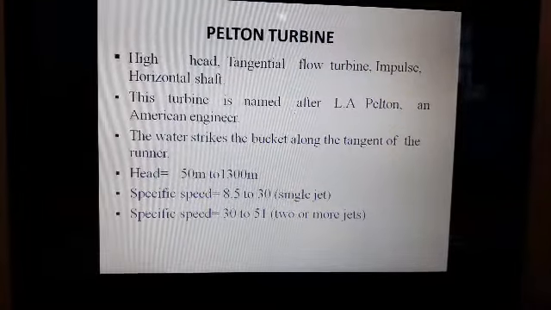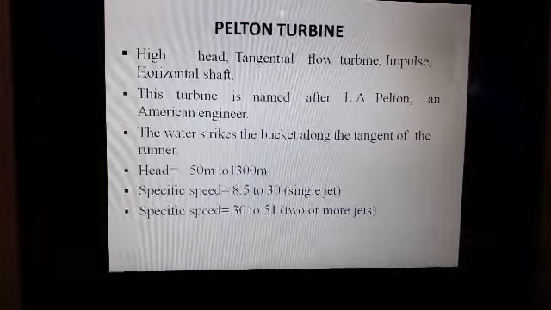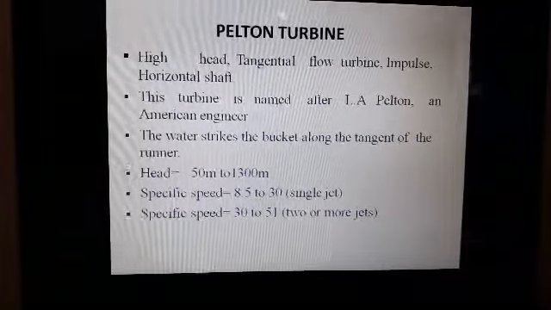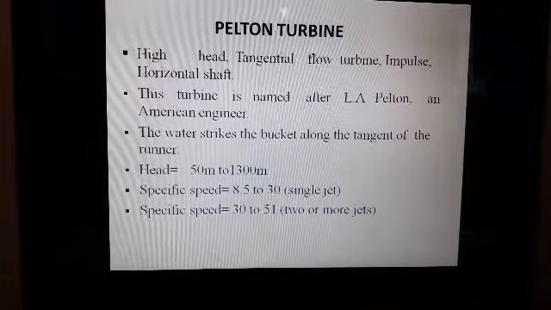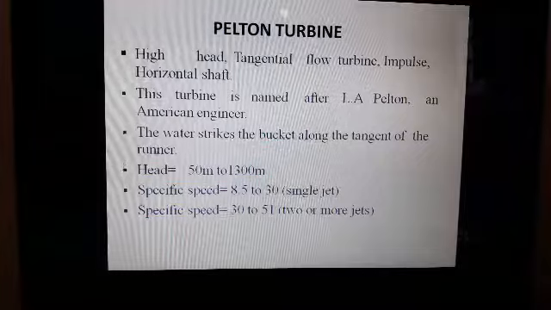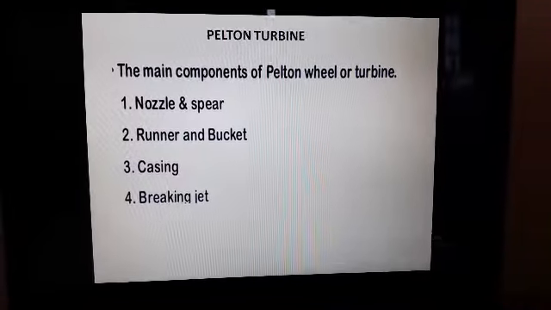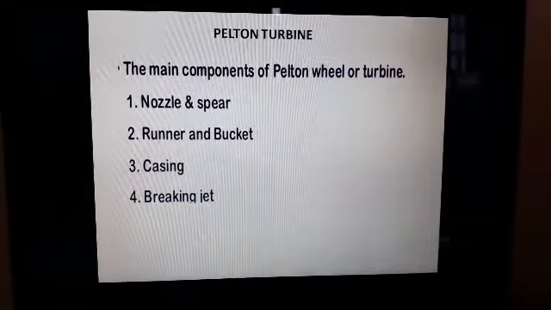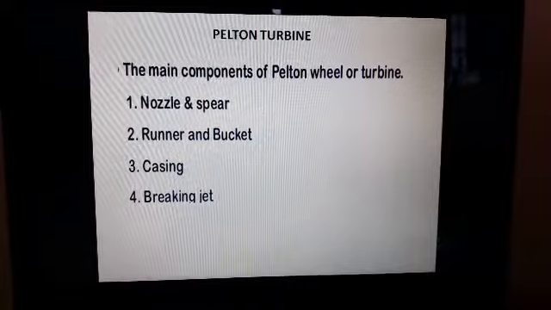It is a low specific speed turbine and the specific speed varies from 8.5 to 30 in case of a single jet, or in case of multiple jets, that is 2 or more jets, the specific speed varies between 30 and 51. The main components of the turbine are nozzle and spear, runner and bucket, casing and braking jet.